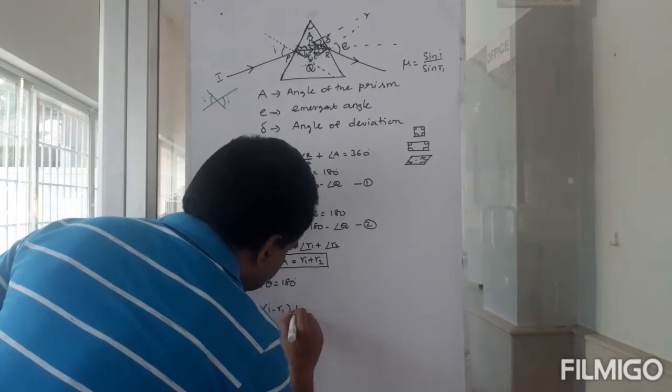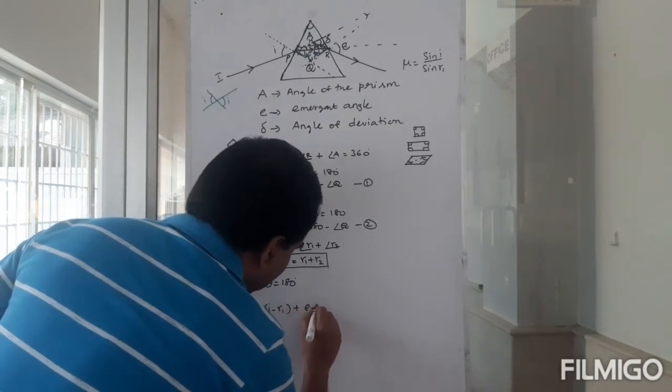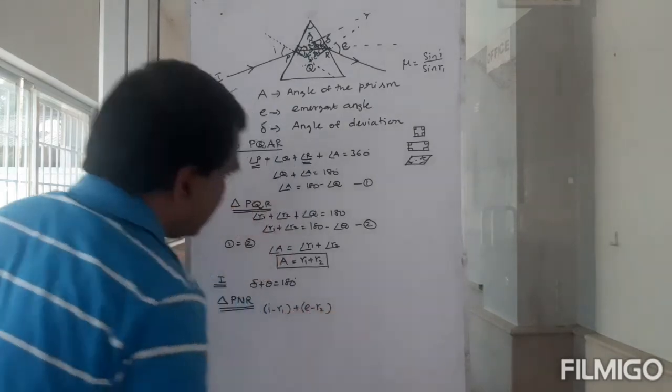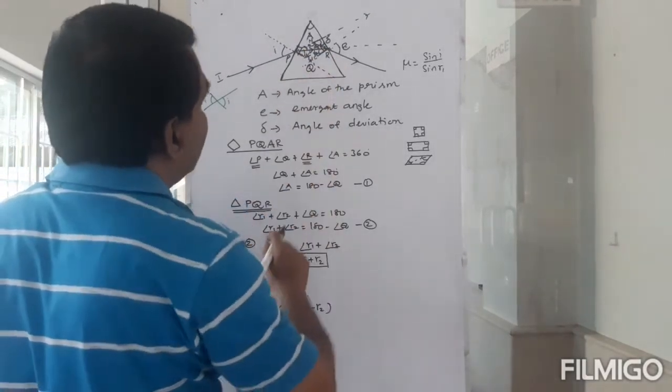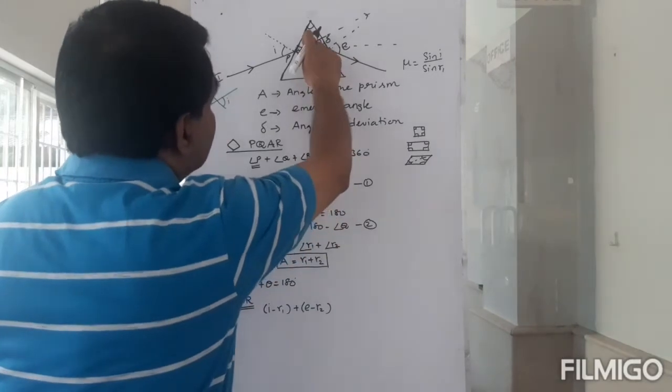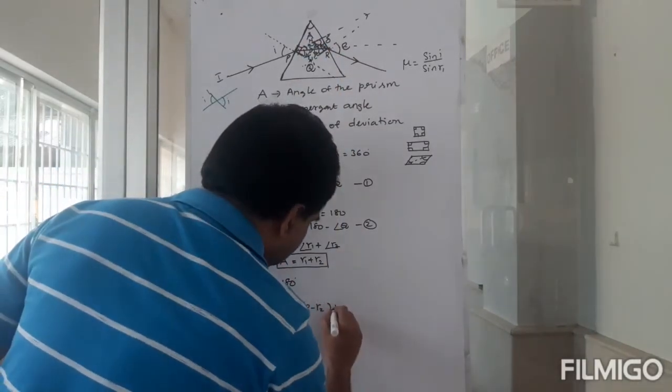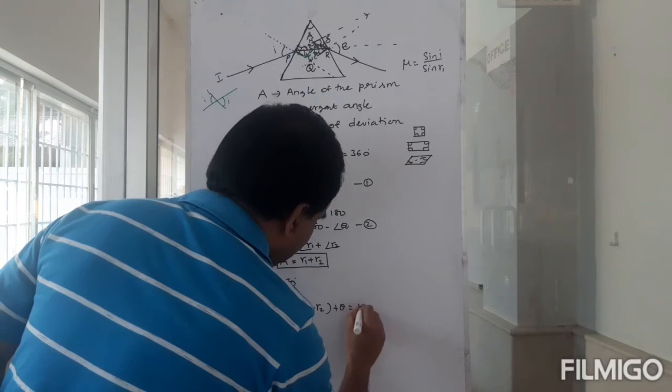This is equal to plus E minus R2, plus this angle theta, and this angle theta must be equal to 180 degrees.